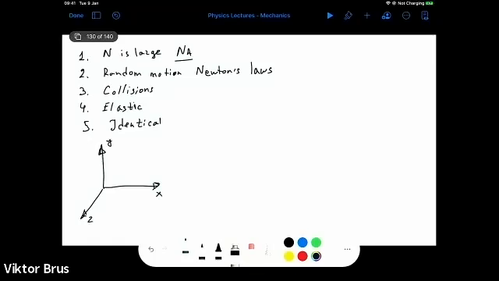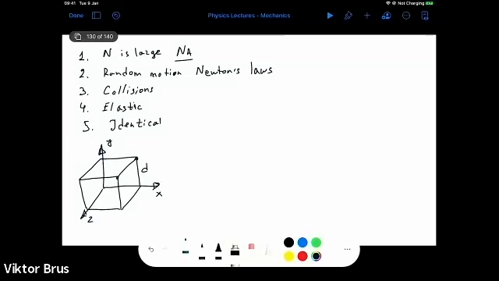And we have some cube here. Let us try to draw it. The side of this cube is d, it's a cube.